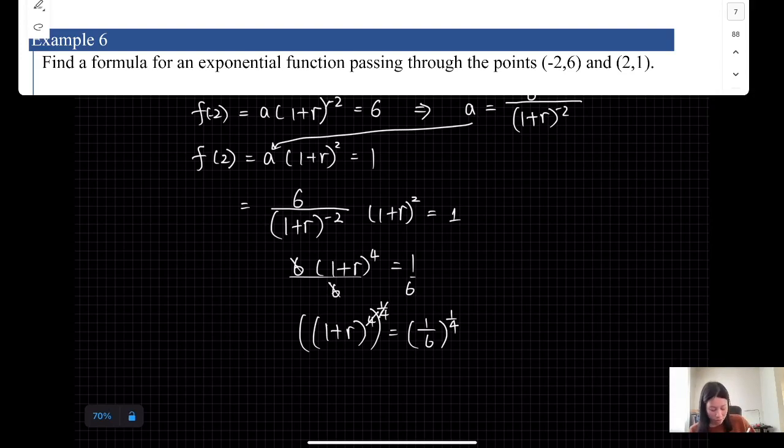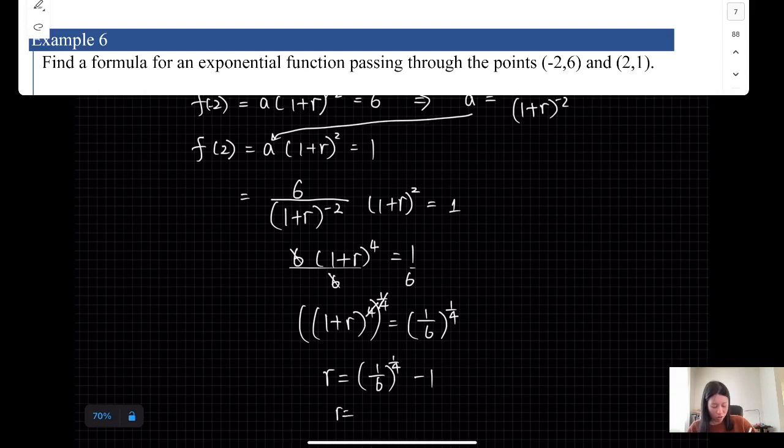All right, so our r is going to be 1/6 to the 1/4 power minus 1. Okay, so then we solve for r. Our r is equal to negative 0.3611. After we solve for r, we substitute r into our function to try to find our initial value.